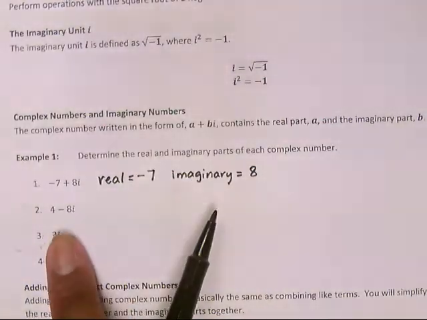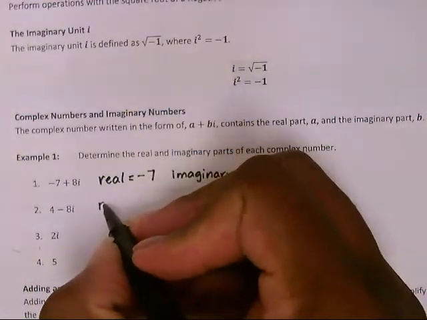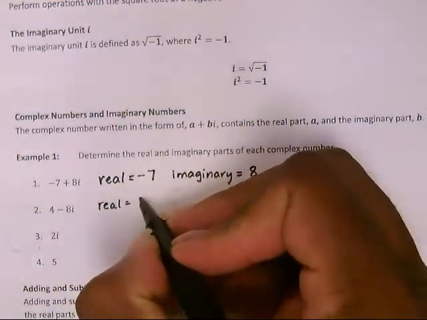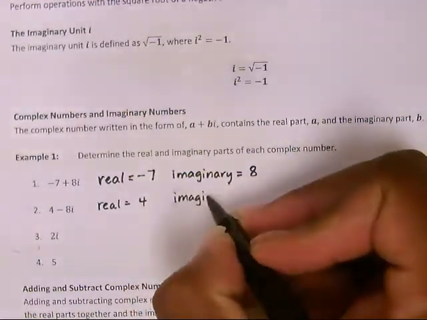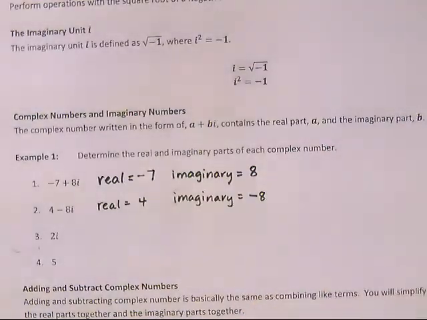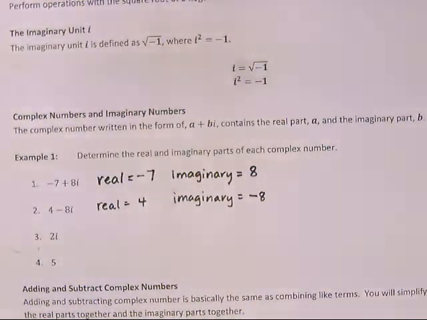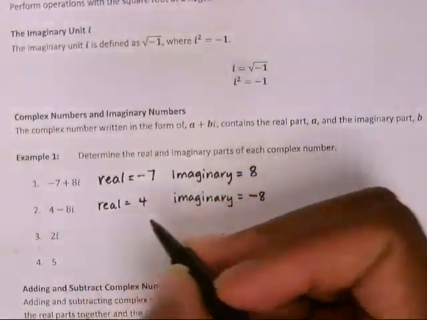Alright, the second one, 4 minus 8i. Here the real part is the 4, and the imaginary part is the coefficient of i, and in that case, it's negative 8. Now, number 3, we got 2i, and I want to identify the real part.